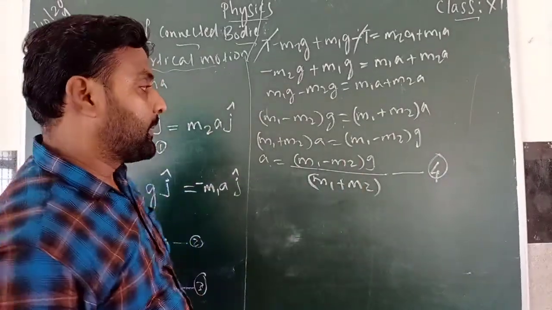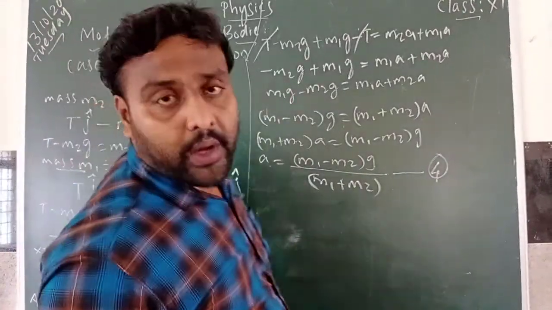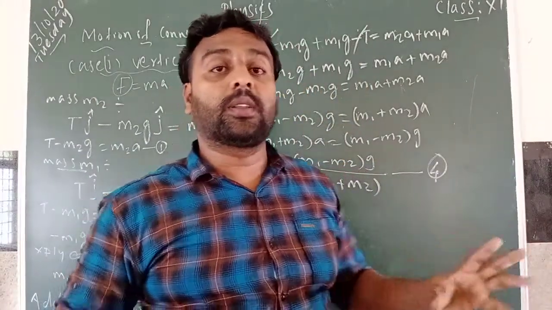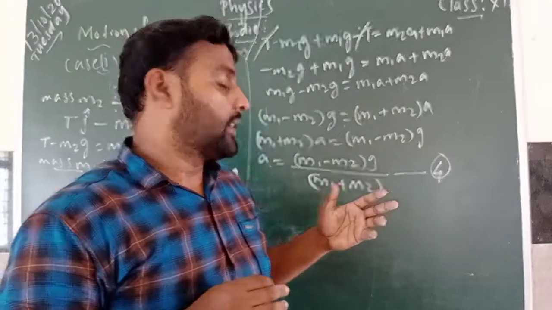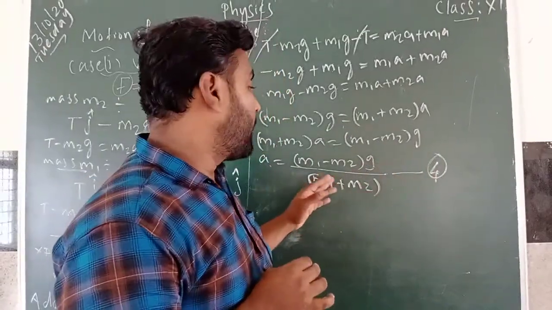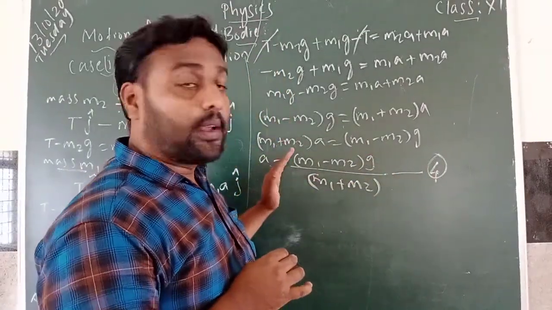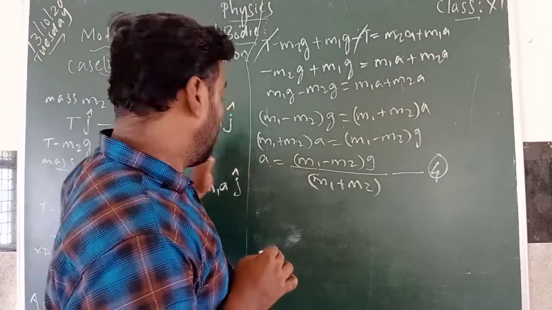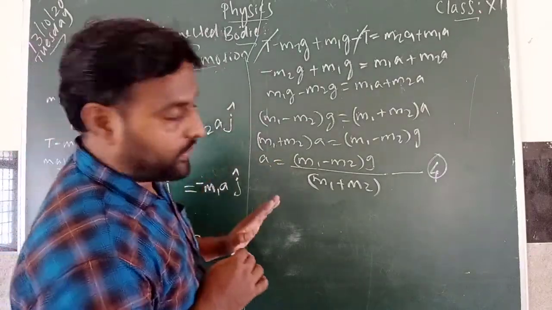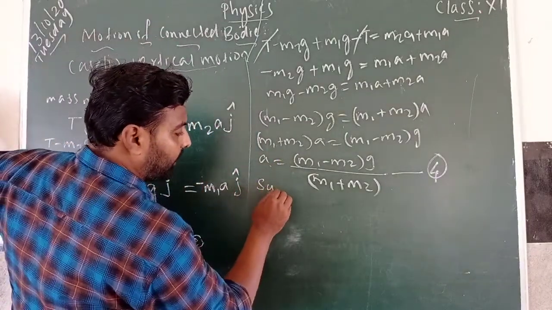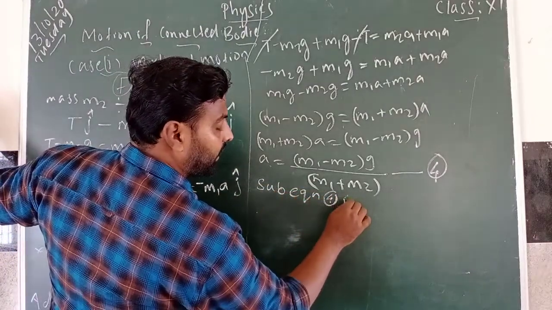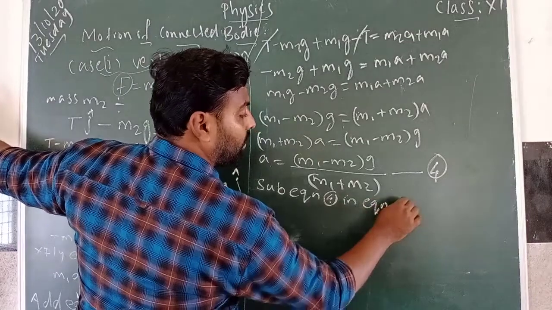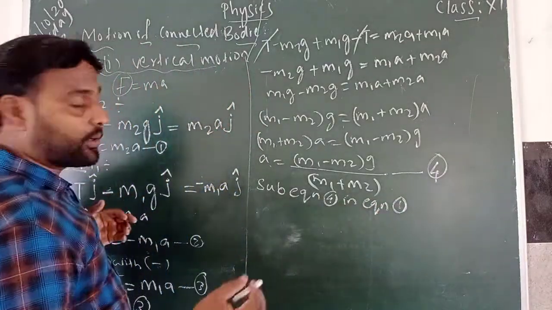We are taking cross multiplication. Now you have to find out the tension. To find the tension, just substitute this acceleration value in equation 1. So substitute equation 4 in equation 1.